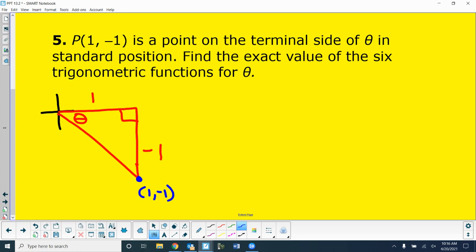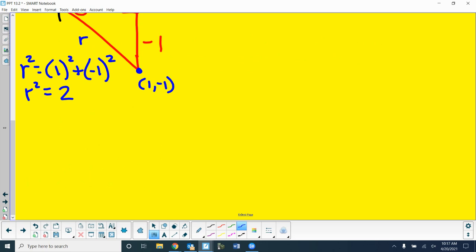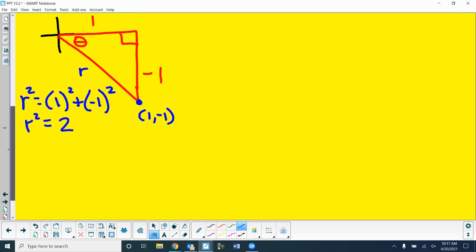Again, theta is always back by the origin, and then we just do SOHCAHTOA. But before we do SOHCAHTOA, I have to figure out the hypotenuse using Pythagorean, right? They call this R. So R squared equals 1 squared plus -1 squared, which is 2. What is R then?